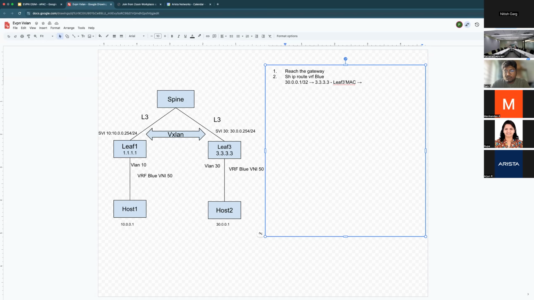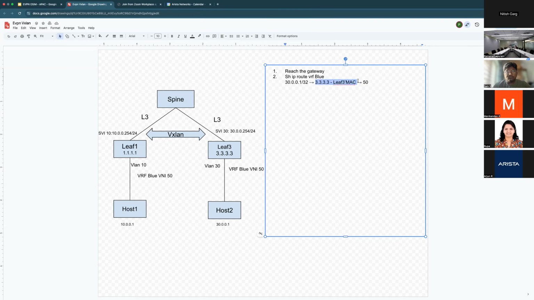What would be the VNI here? It would be the L3 VNI, the VRF VNI. Correct. So this would be the route present on leaf 1, right? To reach 30.0.0.1, we have to encapsulate with this VNI and send it towards this leaf.